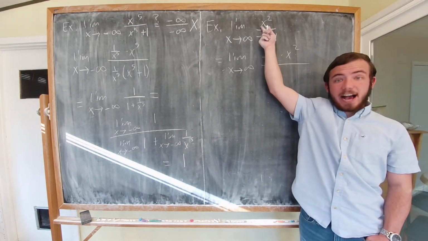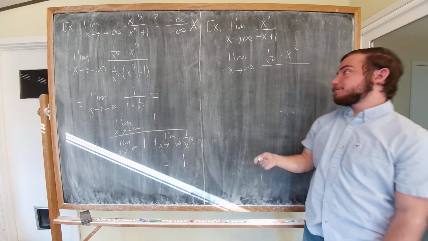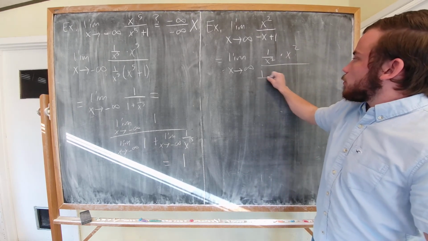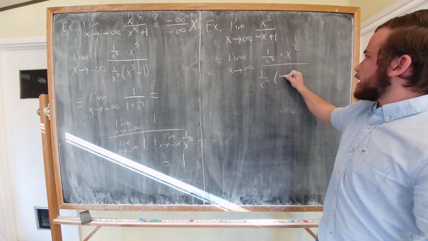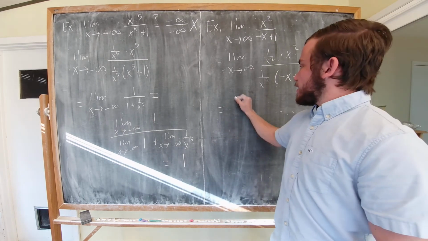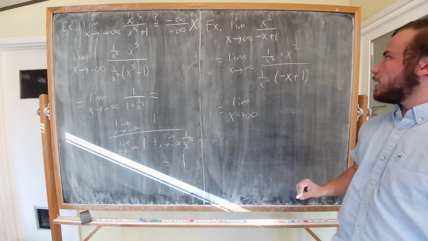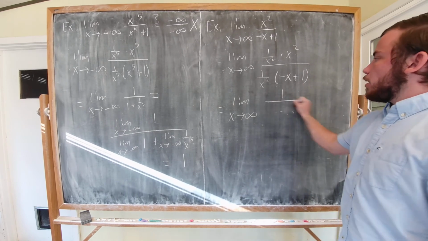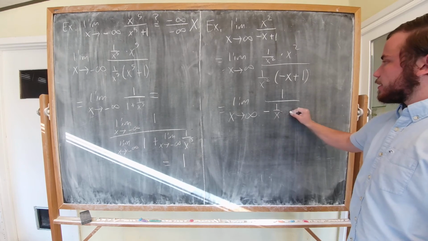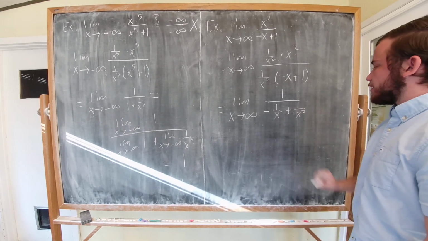We always just choose the highest power of x for this technique, whatever that might be. 1 over x squared times x squared over 1 over x squared times negative x plus 1. And that is the limit as x goes to infinity of 1 over negative 1 over x plus 1 over x squared.